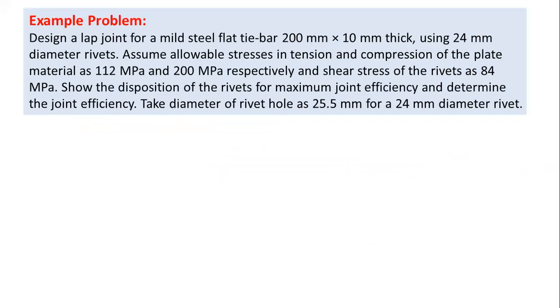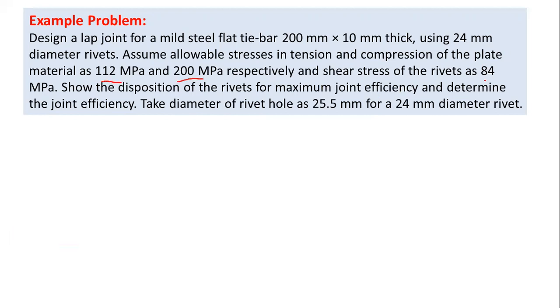Now this is another example problem. Design a lap joint for a mild steel flat tie bar 200 mm into 10 mm thick using 24 mm diameter rivets. Assume allowable stresses in tension and compression of the plate material as 112 megapascal and 200 megapascal respectively.